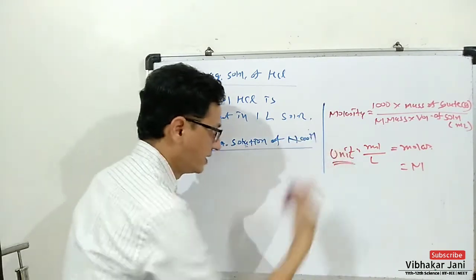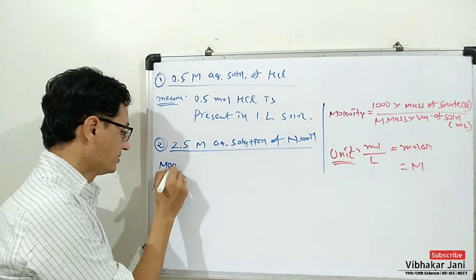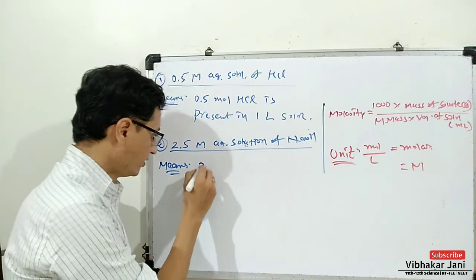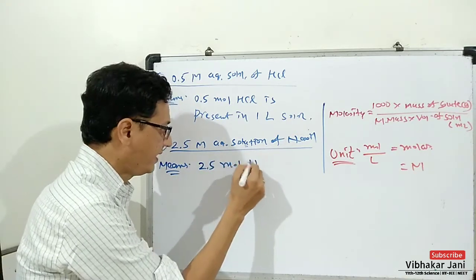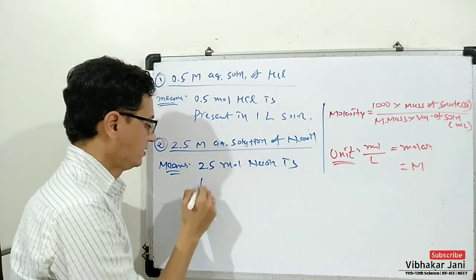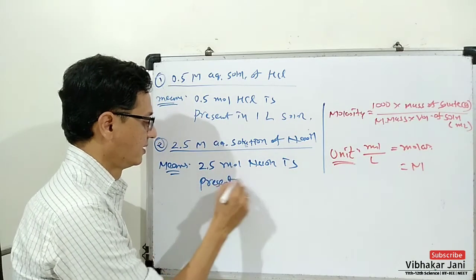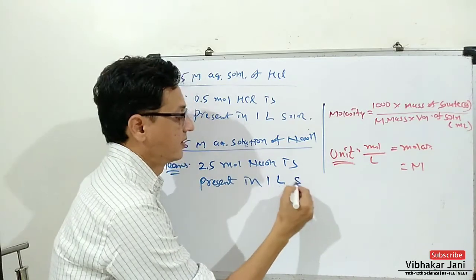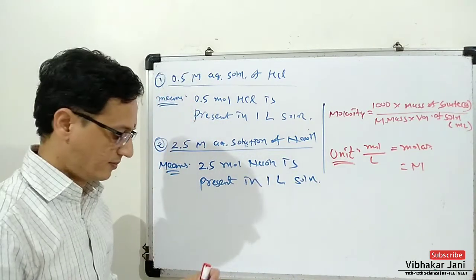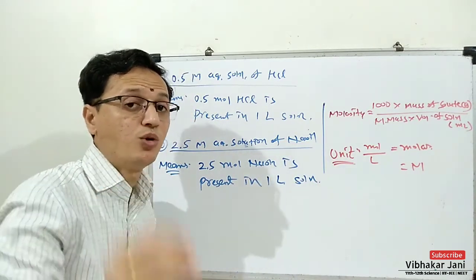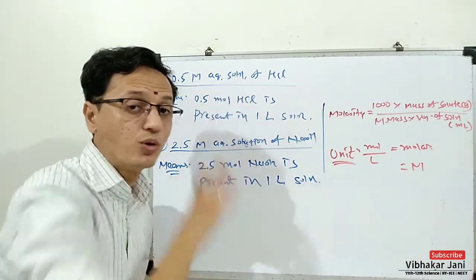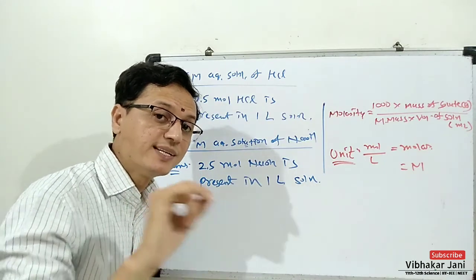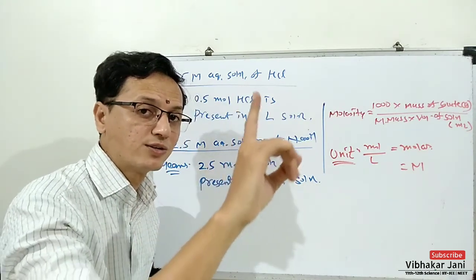If this kind of statement is given, then it means, now you can tell me, it means 2.5 mole NaOH is present in how much liter? 1 liter solution. If I say X molar aqueous solution of glucose, that means X mole glucose is present in 1 liter solution.